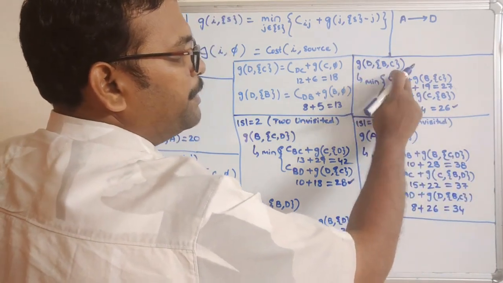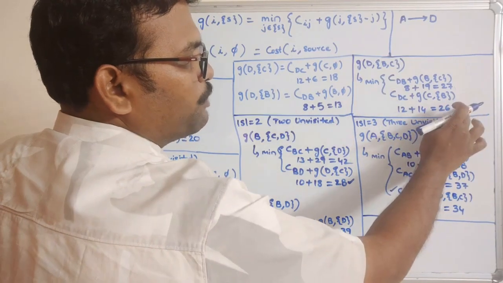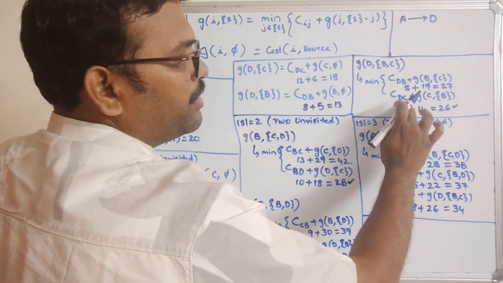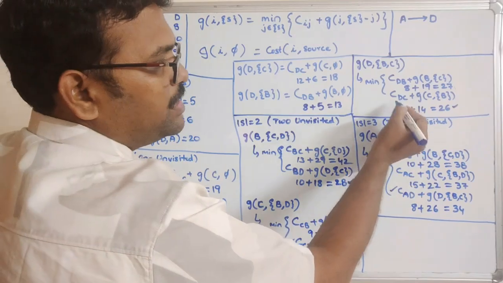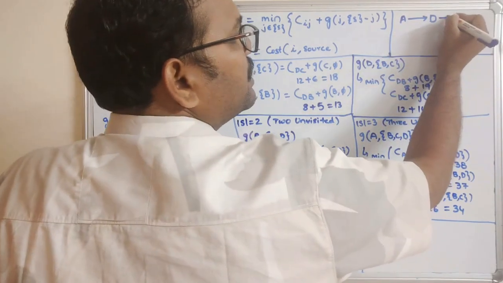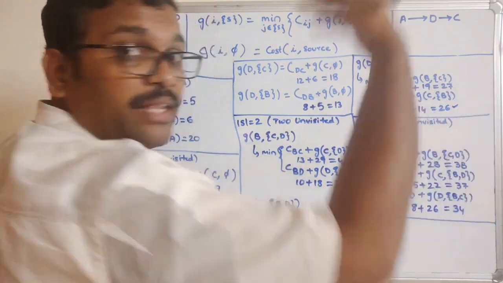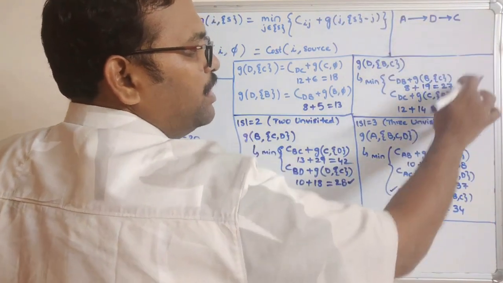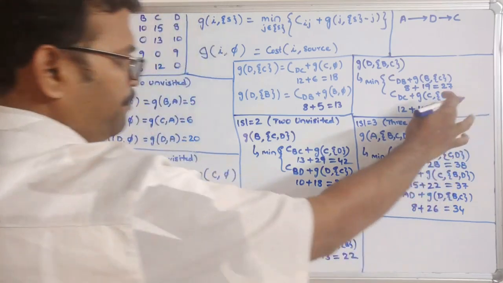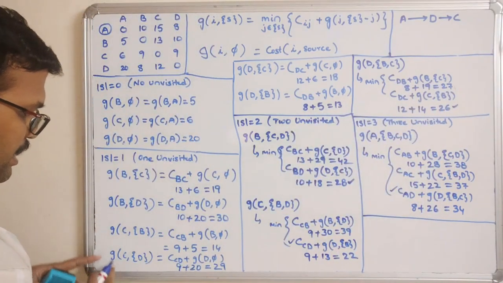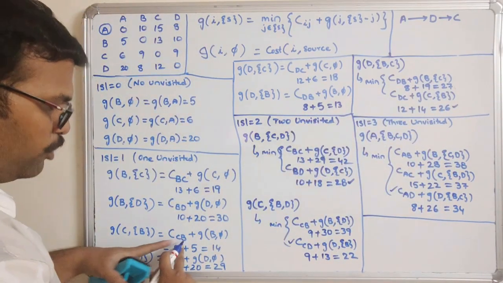Go to here, G of D, BC. Which one have we considered? This one. So from D, the next vertex is C. So we have to consider this DC. The next vertex is C, right? And again go to this function for finding the next edge. So from C, next edge, C to B. So go to here, C to B. So edge is C to B.